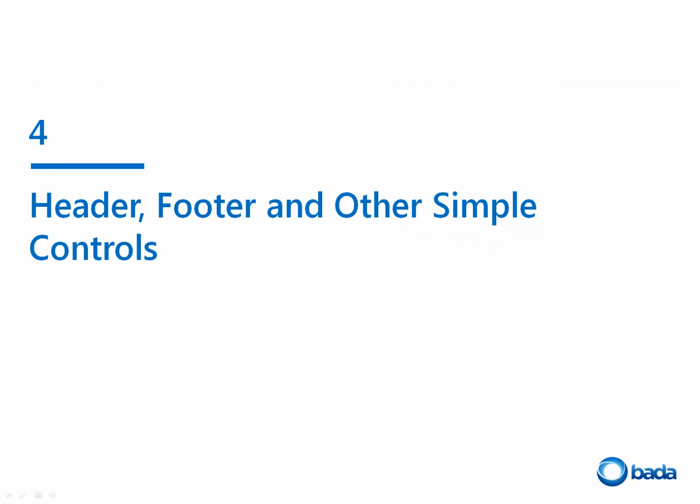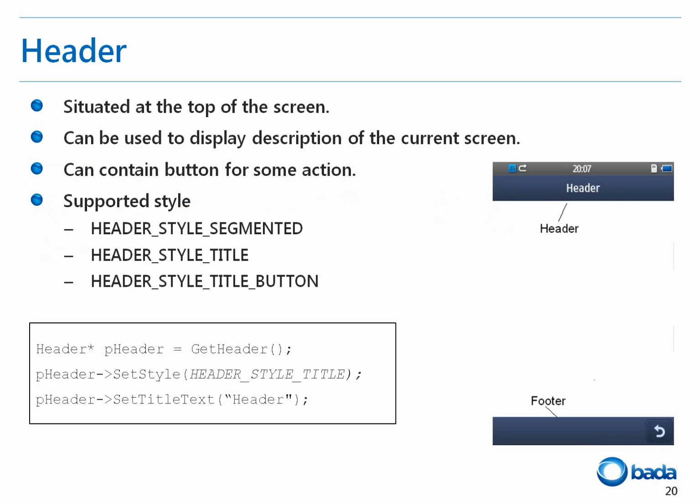Now, let's look at the headers, footers, and a few other simple controls. As the name suggests, the header is placed at the top of the screen and the footer at the bottom. A header is normally used to display the description of the current screen, and it can also support buttons in the left and right corners. A header supports multiple styles.